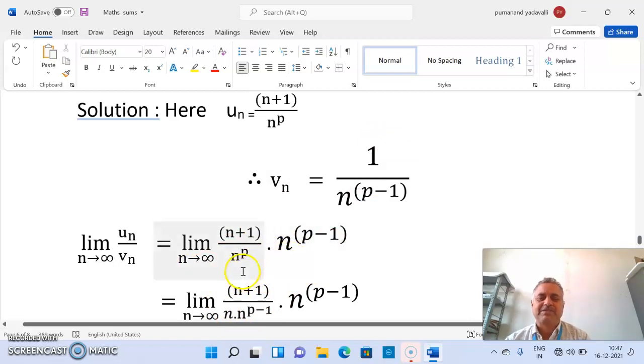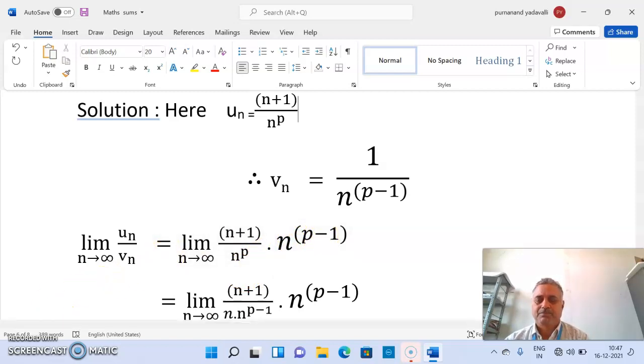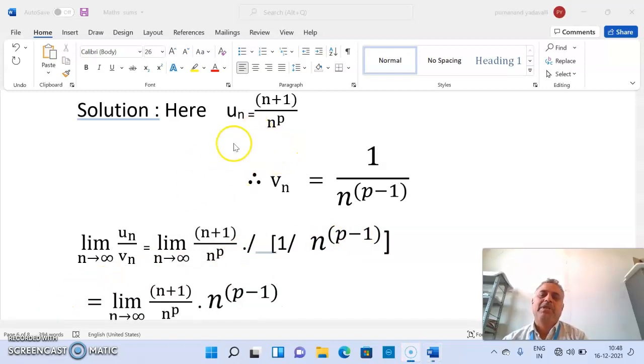It will become reversed and we get n power p minus 1.